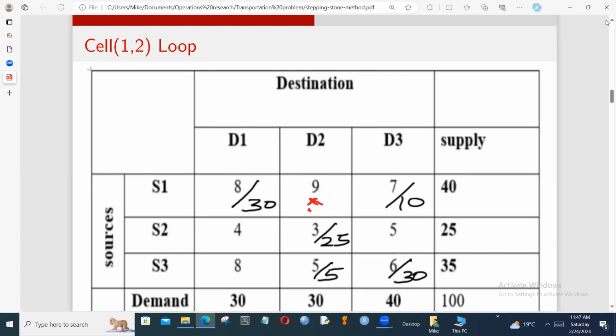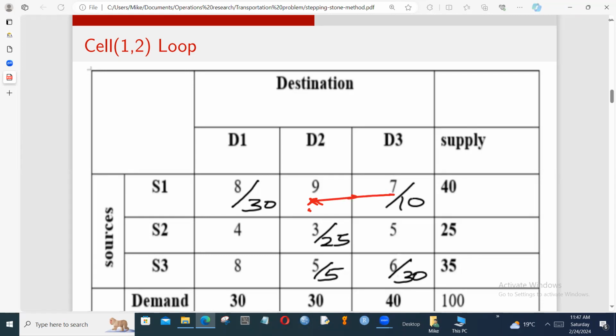You only make turns at a right angle. And you also move towards a cell that has already units allocated to it, so that the loop we are going to draw only has this starting cell as the only unoccupied cell.